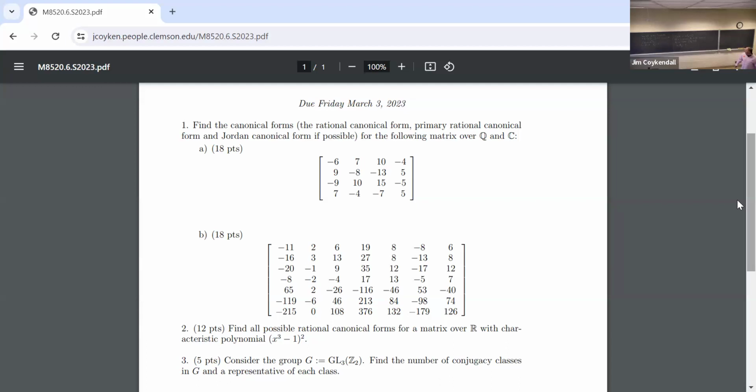So this is called the prime subfield: if F is a field, then its prime subfield is Q if the characteristic of F is zero, and Z_p if the characteristic of F is p.